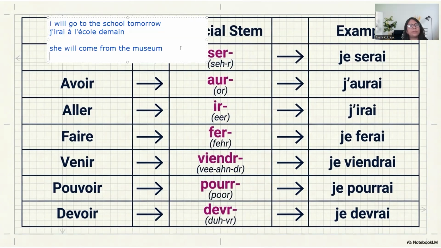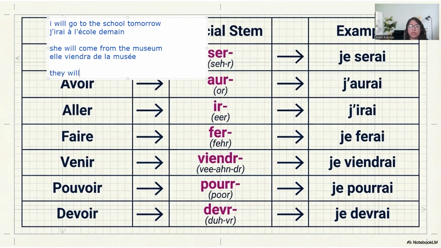In French would be: Elle viendra. Viendra. From the museum would be de la musée. Excellent. Okay.